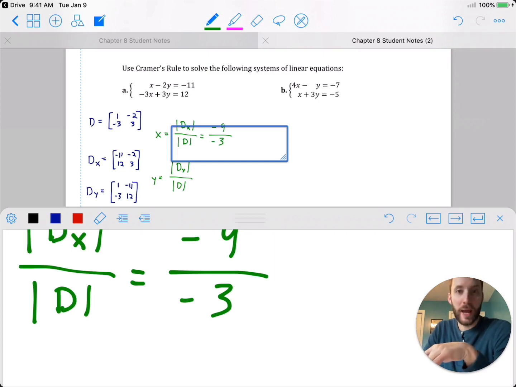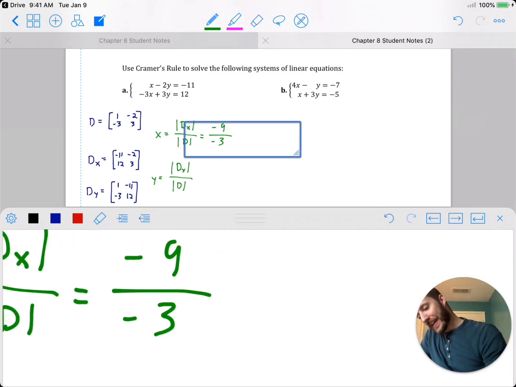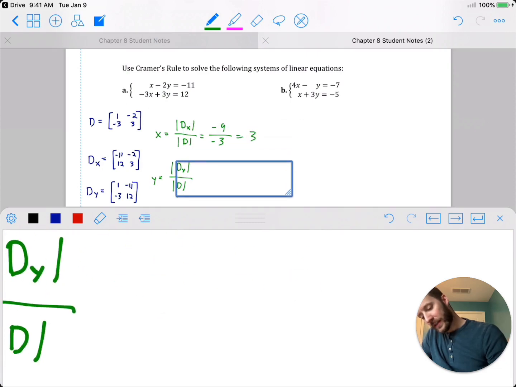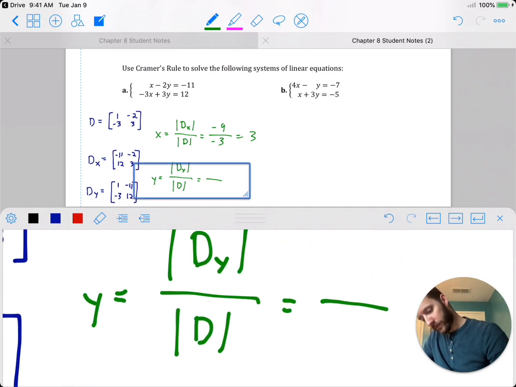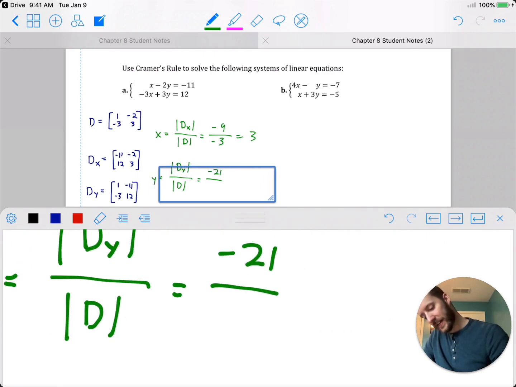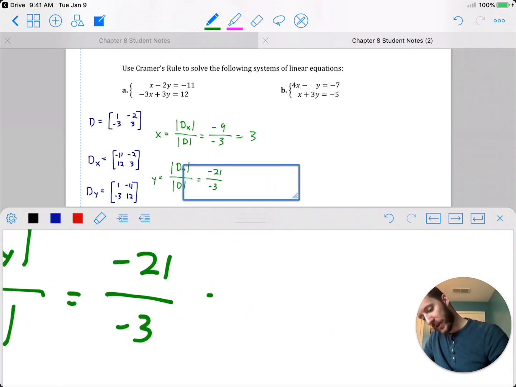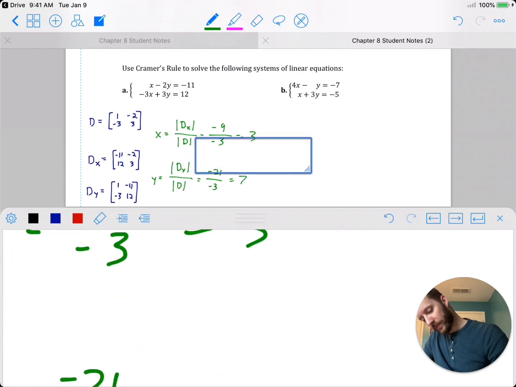So we're back. -9 over -3 gives you 3. Then repeat that process for solving for y. So the determinant of D sub y: 1 times 12 minus -11 times -3, so 12 minus 33, which is -21. The determinant of D is still -3, so we have 7.